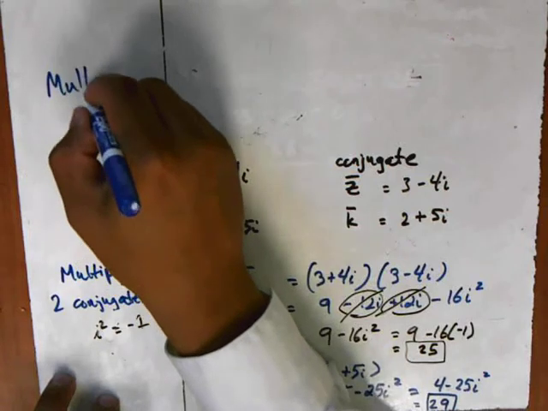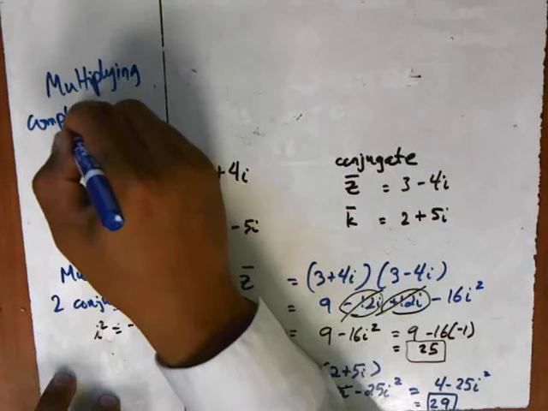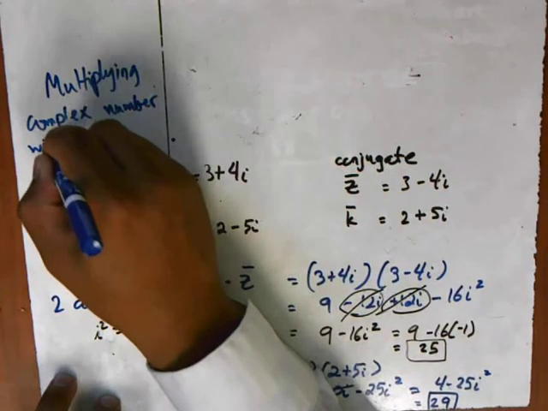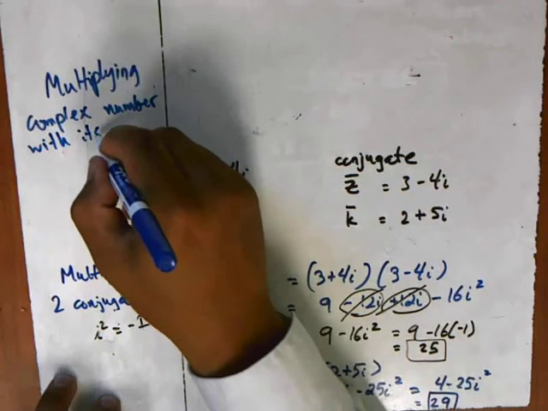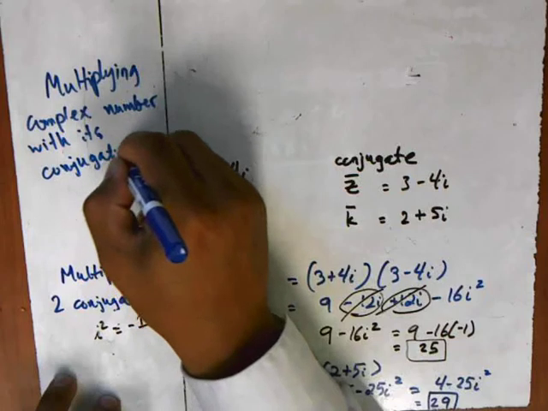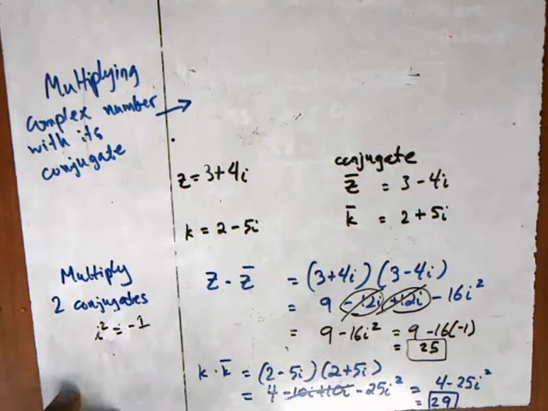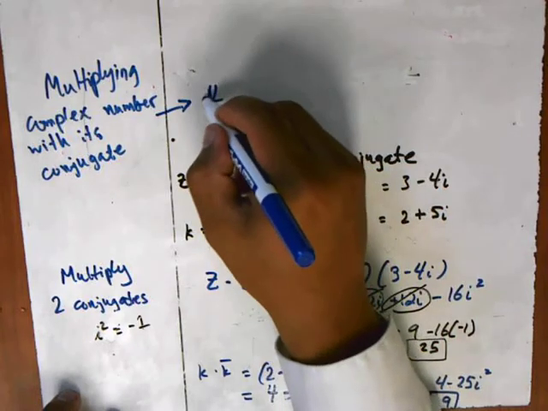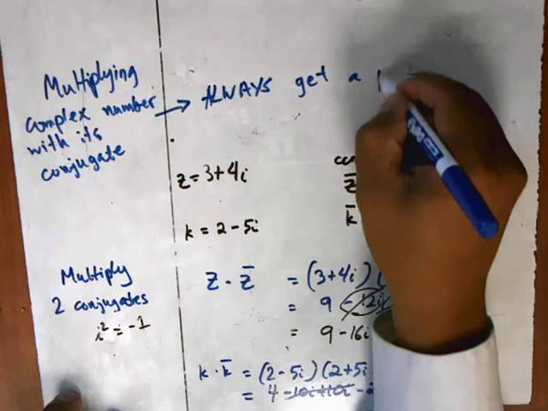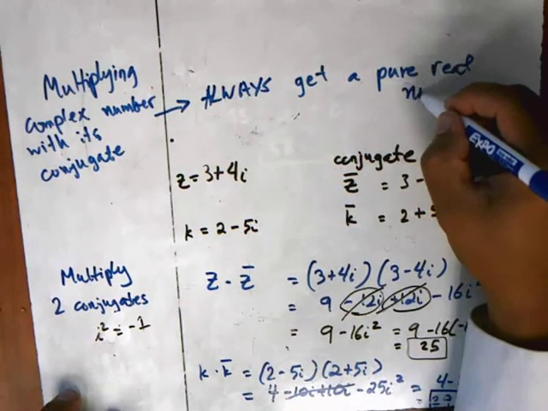Okay, so I'll make a note here. Multiplying a complex number with its conjugate. So if we take a complex number and we multiply with its complex conjugate, we will always get a pure real number.